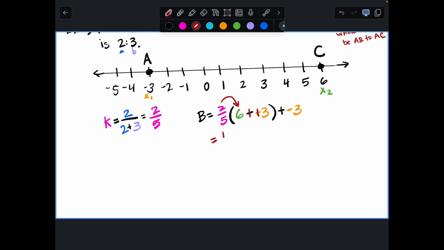2/5 times 6, that's 12 over 5. 2/5 times 3 is 6 over 5, minus 3. You can use your calculator.